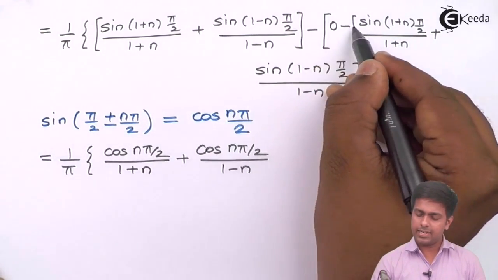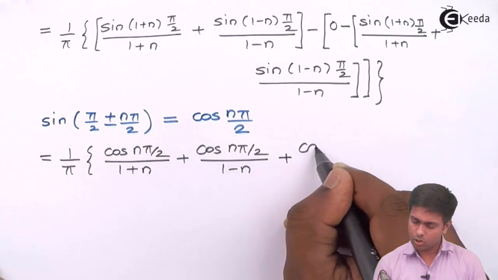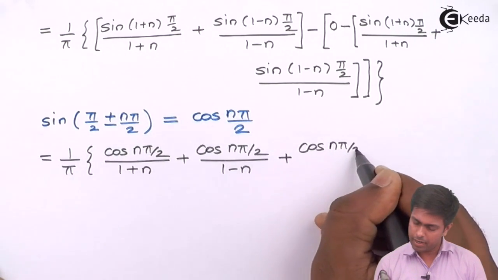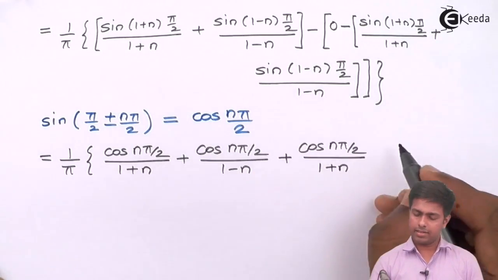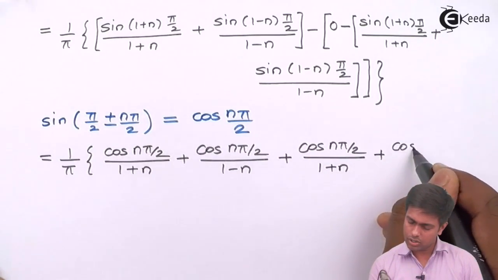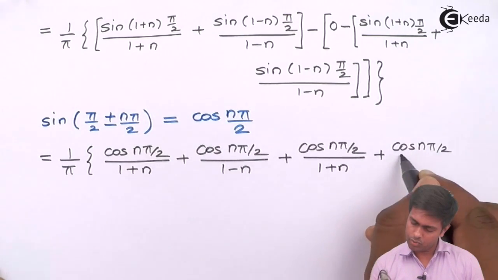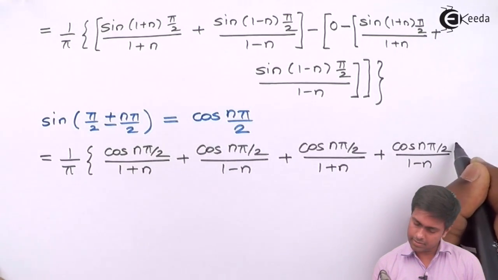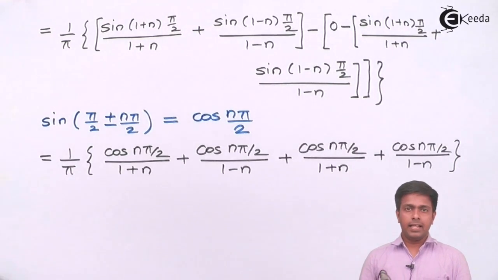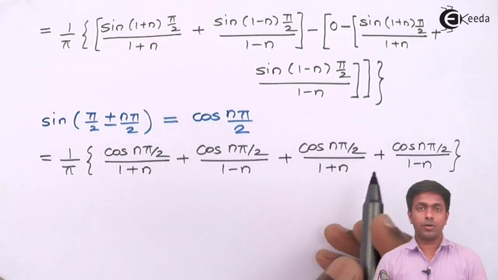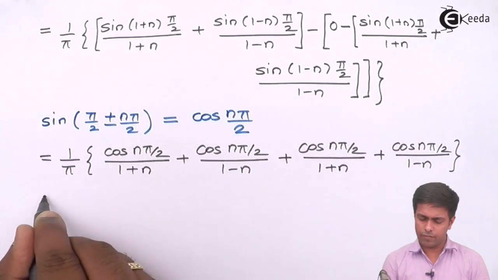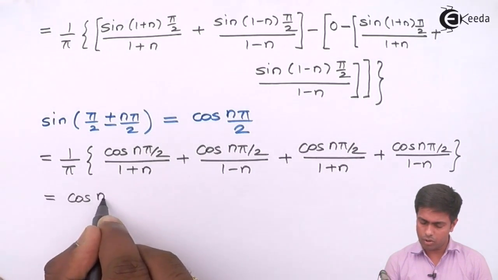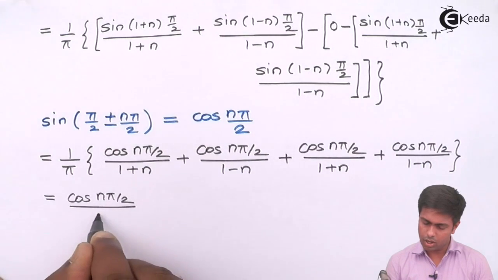Next, minus and minus is going to be plus cos of n pi by 2 upon 1 plus n, and this one plus cos n pi by 2 upon 1 minus n. Then the first and third term are the same, or I can take cos n pi by 2 outside from all the terms. So cos of n pi by 2 outside upon pi.